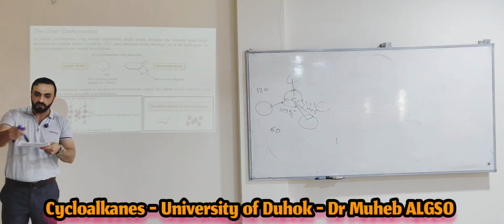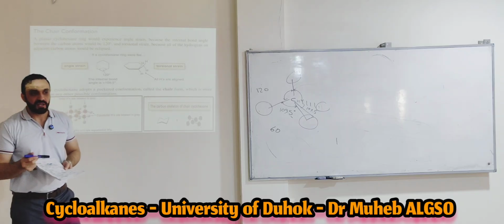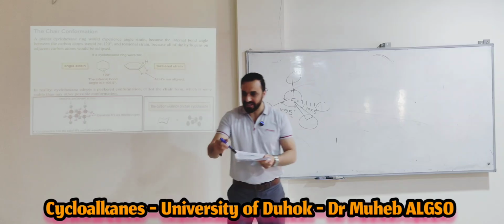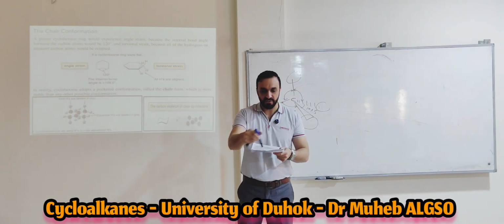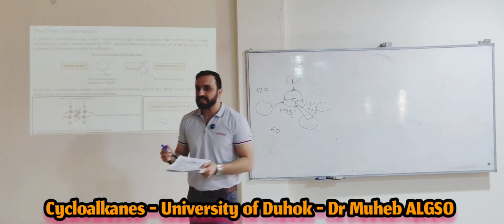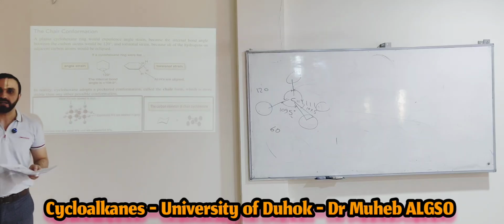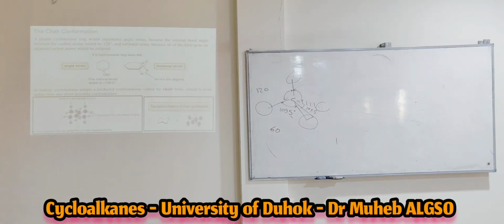This hydrogen will be eclipsed to this, and this hydrogen to this. And you know, with eclipsing we have more steric effect here. Does the steric effect decrease or increase the stability? Decrease the stability.